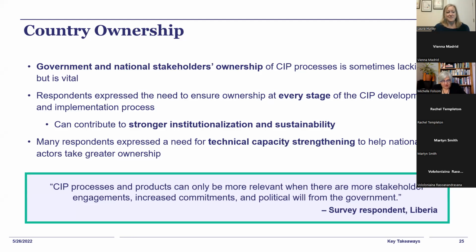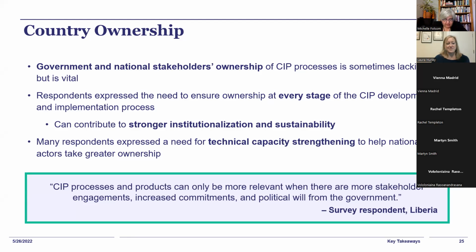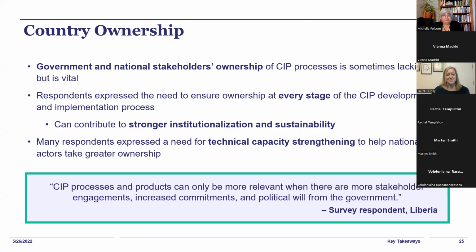Okay, thank you, Laura, very much. I'm going to just take a couple of the key issues and reiterate some of the comments that we heard and some of the recommendations, perhaps as we move forward. Without a doubt, country ownership was seen as critical, but the reality is it's not always there. Everybody was very consistent and said we need to have that ownership at every stage of the way.